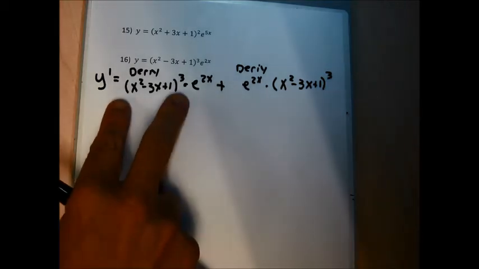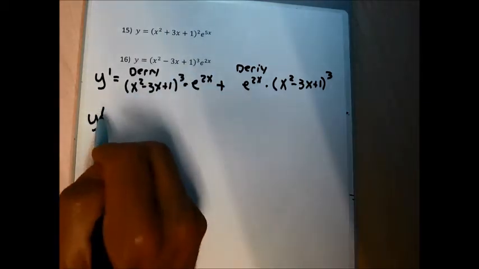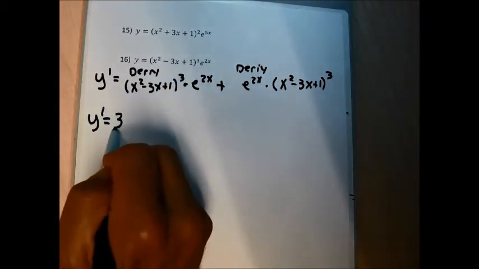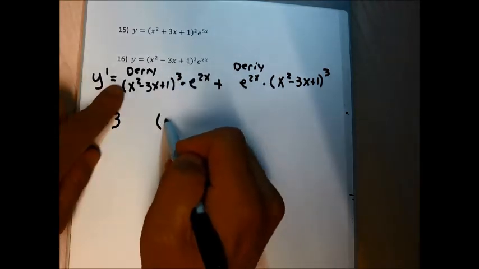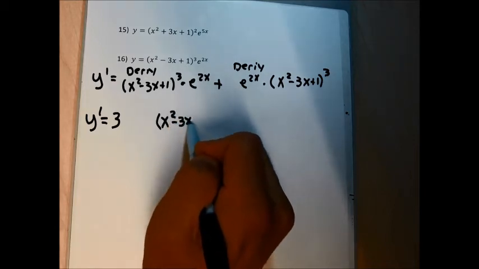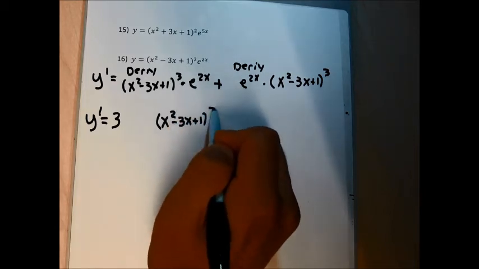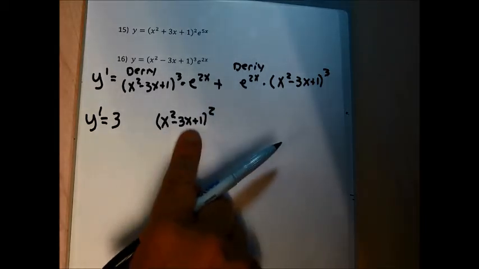When I do this derivative, I'm going to use the shortcut to the chain rule. So my next step, y prime, I'm going to bring this 3 out in front of the parentheses. I'm going to leave myself some room, and I'm going to take this and lower the exponent by 1. To finish up the shortcut of the chain rule, I have to multiply by the derivative of the inside of the parentheses.